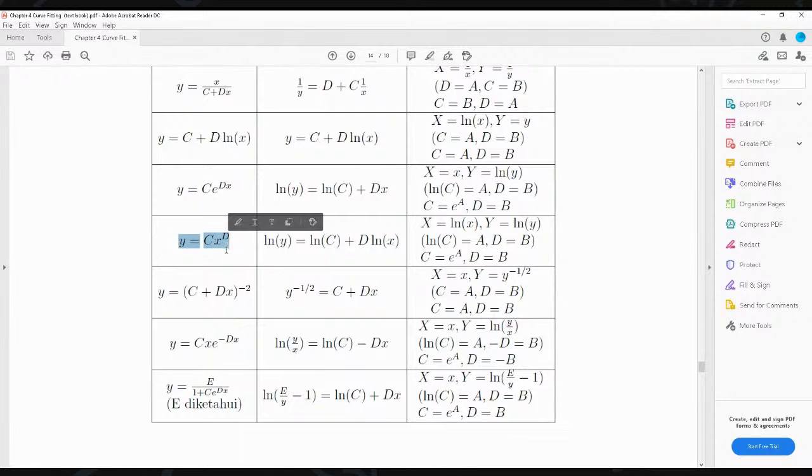In this case you can also take ln of both sides. You get ln y equals ln c plus d ln x, where big Y is ln y, a is ln c, b is d, and x is ln x. That is the way we transform nonlinear to linear form.